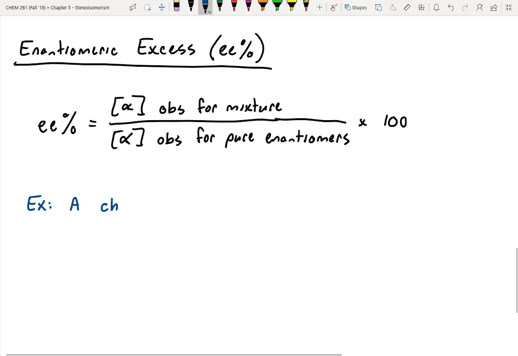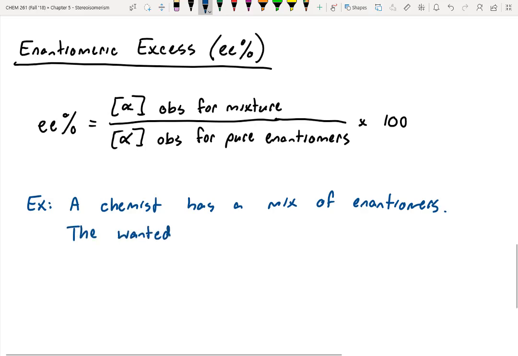So a chemist has a mixture of enantiomers. The wanted enantiomer, meaning the one you're trying to produce or isolate, has a observed rotation of plus 10 degrees.